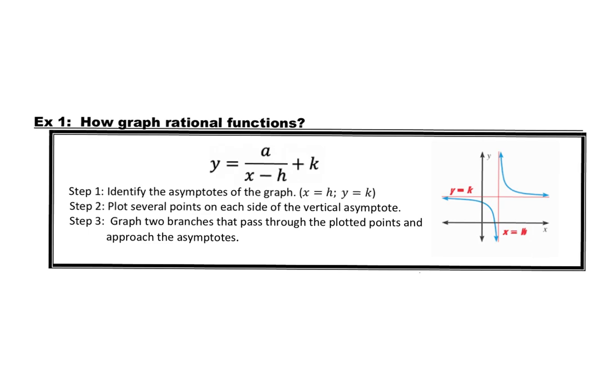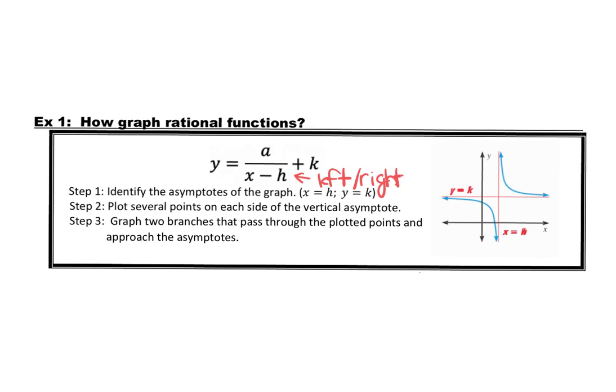And remember, those asymptotes are these boundaries which the hyperbolas are going to be moving closer and closer to. So the first thing we want to look at is this x minus h. Where you have this x minus h, it is left and right, except it's the opposite.